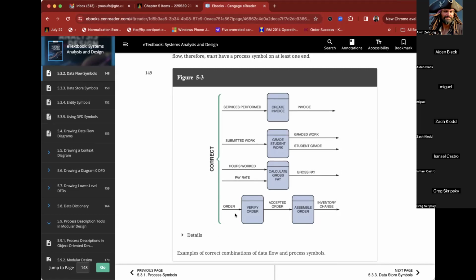One input coming in, another output going out, but that output actually becomes an input for the next process in line. So there are four things to learn from here. One input, one output; one input, two outputs; two inputs, one output; and an output of a process can be an input for the next process in line. All of this is valid and correct.